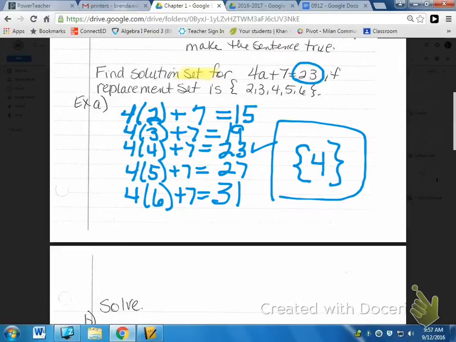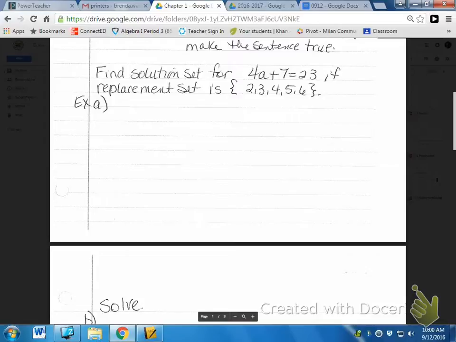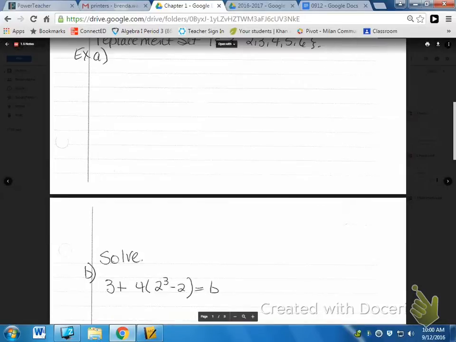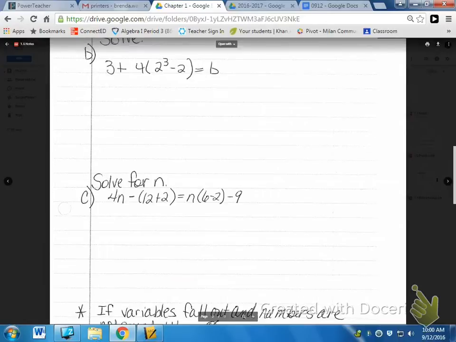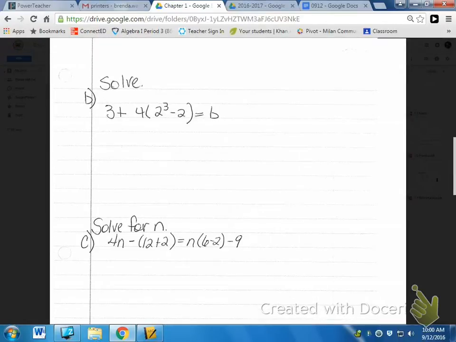All right, let's scroll down here a little bit. So you're going to do a majority of it doing the replacement set thing, and then there's going to be some like this. Solve 3 plus 4 times the quantity 2 cubed minus 2 equals b. Now, quite honestly, here's what they have done.